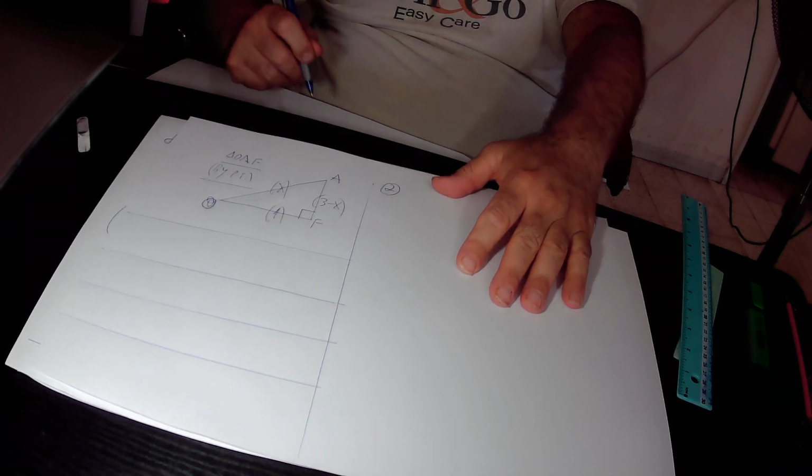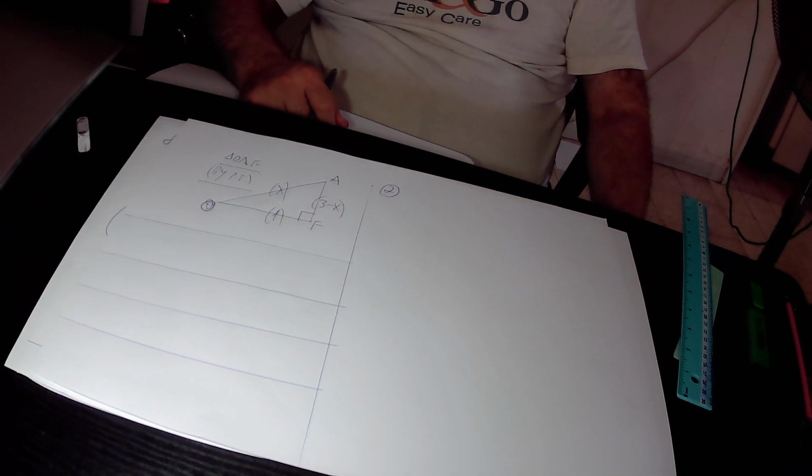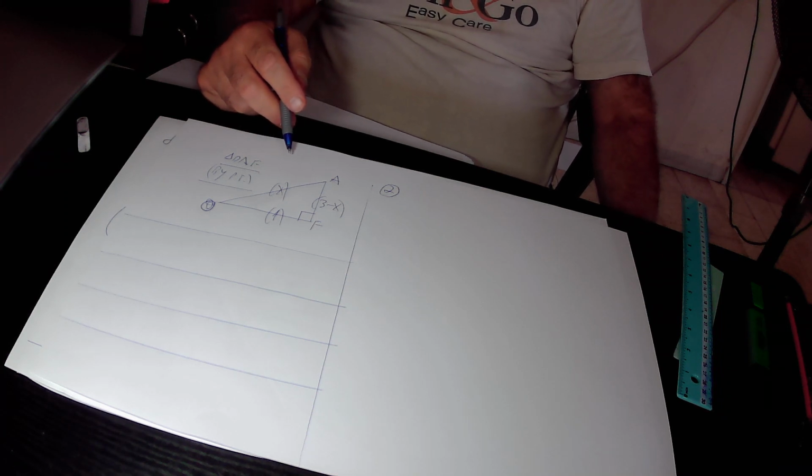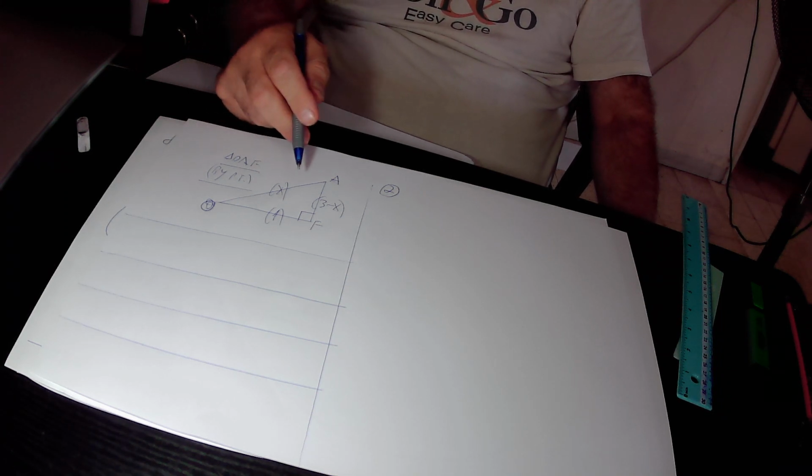According to the Pythagoras theorem, in this right triangle OAF, OA squared, that is the square of the hypotenuse, equals AF squared plus OF squared.